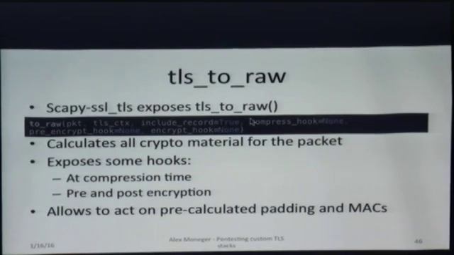Meaning that now you can tamper with padding and the MAC and all this stuff quite easily because you don't have to calculate them. You don't have to bother about keeping track of the PRF, of the various keys and all this stuff. You can just change this.